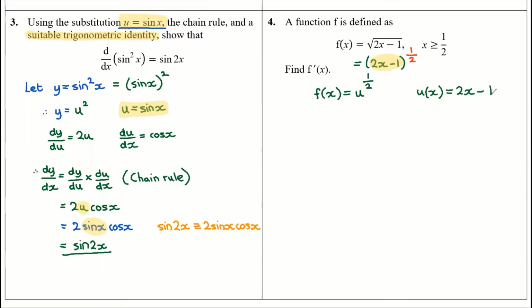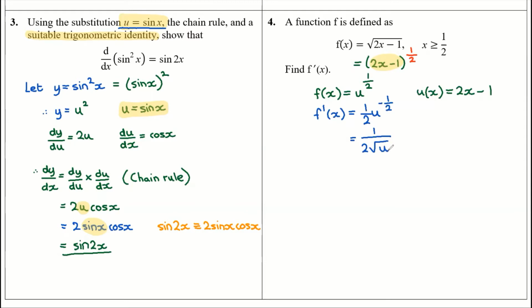Now let's differentiate everything. So f dash x. Bring the power down, subtract 1 from the power. There we go. And let's write it in surd form. Now I won't insult you, I know we've done this a few times. This is going to be 1/2 root u.